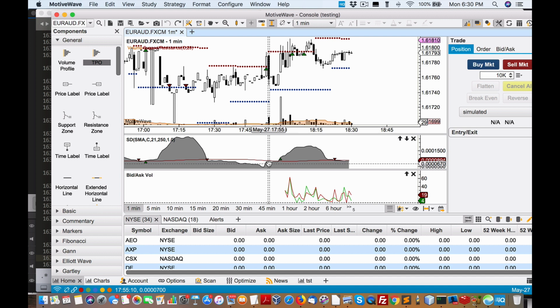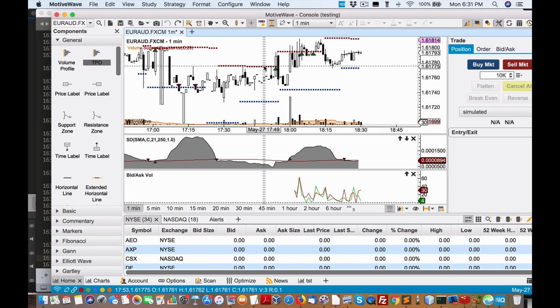So the question is, is the standard deviation enough to use as a market indicator? We can clearly see why there's a signal for an entry, because it broke through this resistance line.